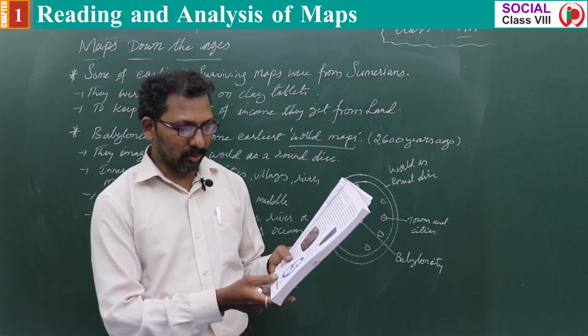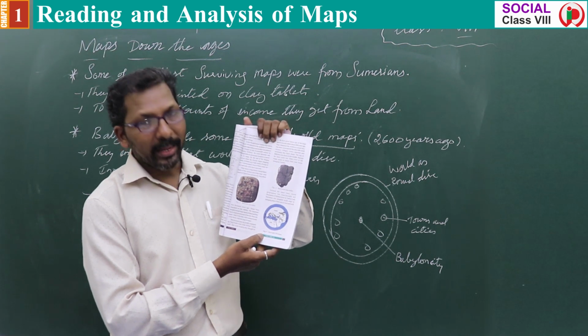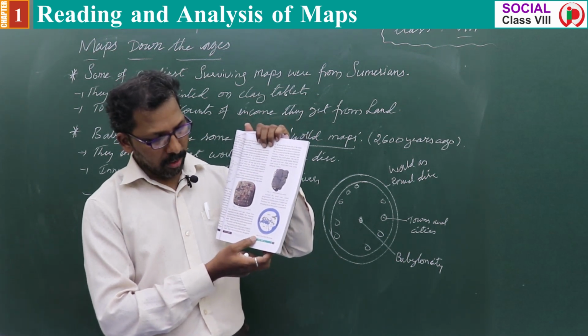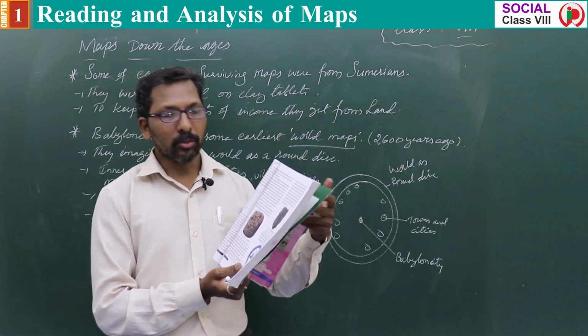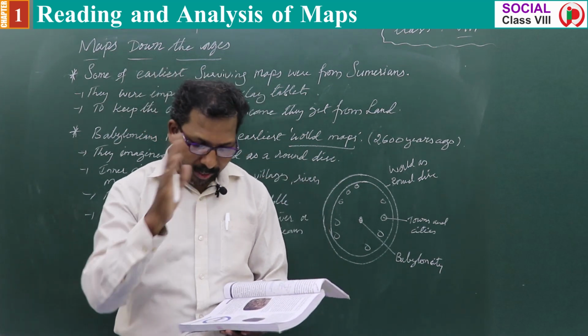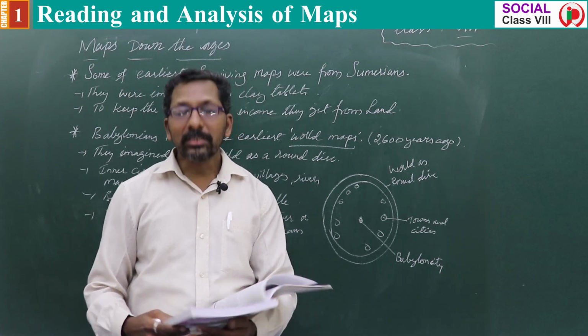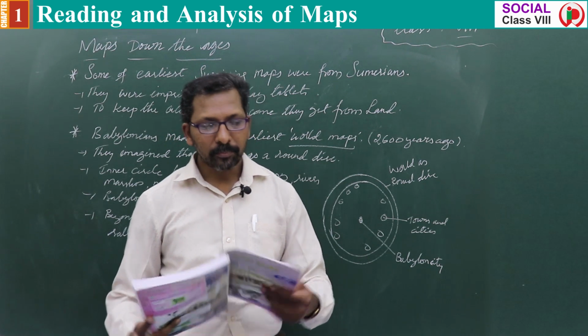You can see this in this particular map, the map prepared by Hecataeus, the world after Hecataeus. So how did they arrange the places? From east to west and north to south, they prepared this map.